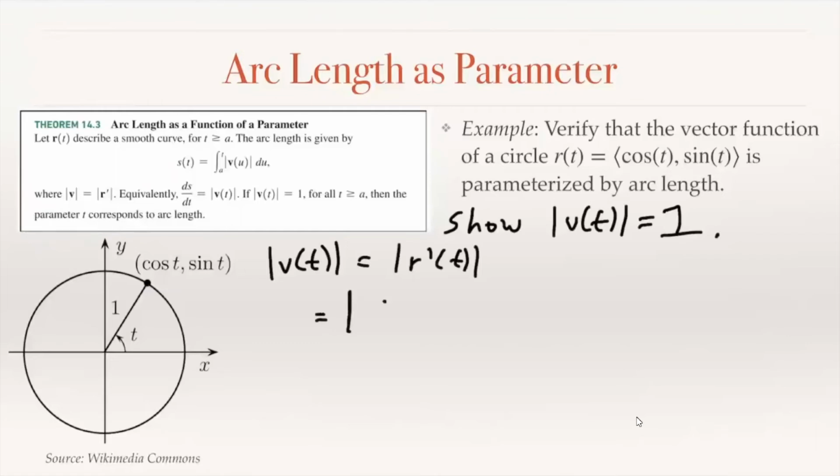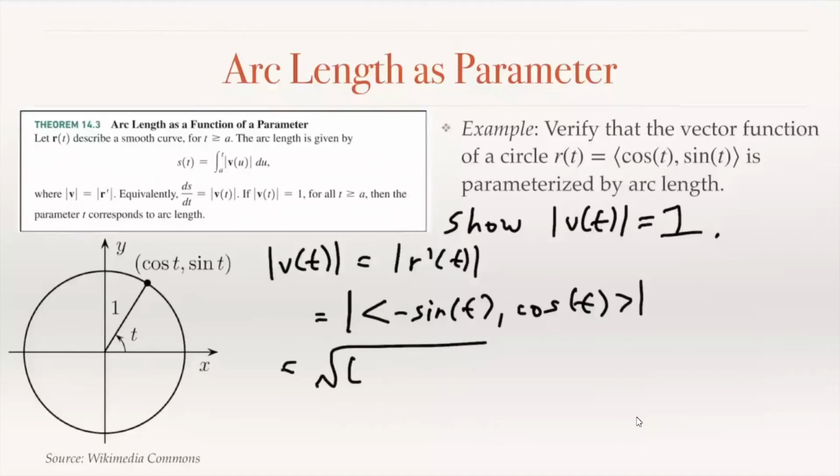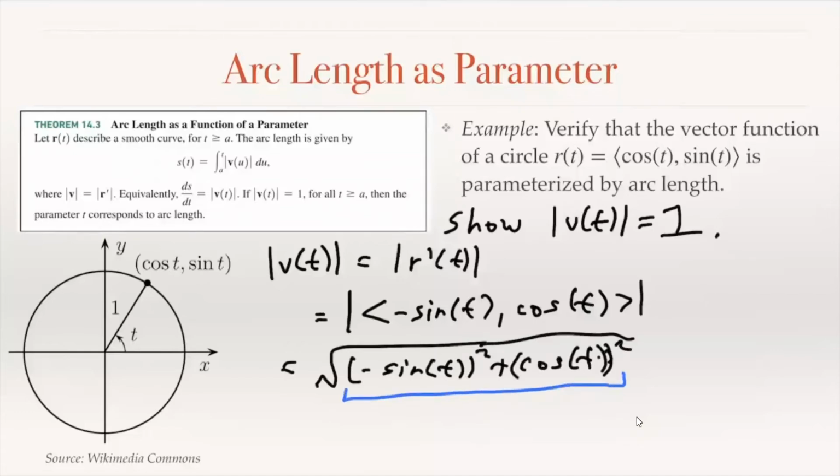And that is the magnitude of negative sine t, cosine t, which is the square root of negative sine t squared plus cosine t squared. And as always, that's 1. So we have the speed of 1. That is an arc length parameterization.